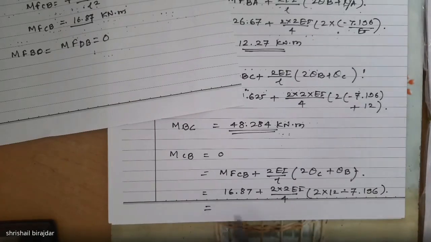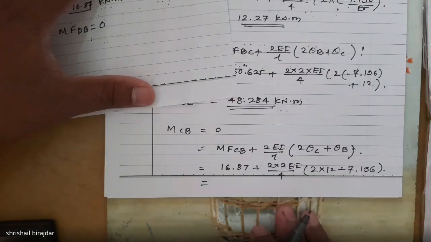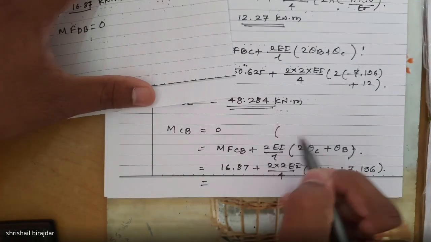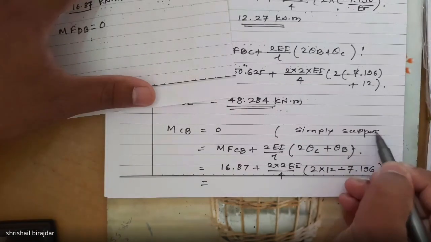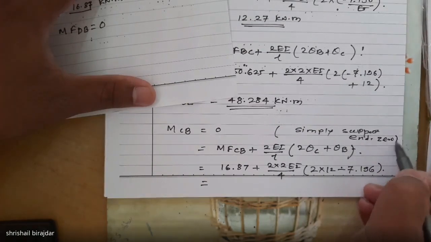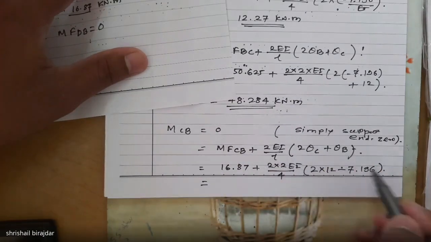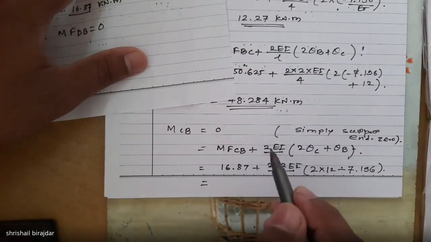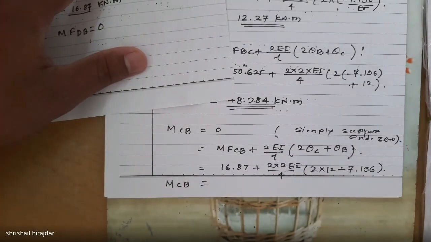Please check whether you are getting a zero answer, because at the simply supported end the moment is 0. Please check whether this equation gives exactly 0 or not. The calculator is with me. You just check your answer with the help of your calculator.